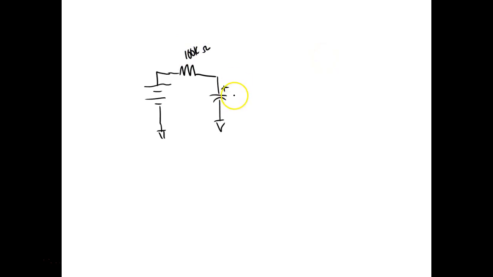So I start off, this thing's completely discharged, so it's got 0 volts across it. Understand that? So if this right here is plus 5 volts, Kirchhoff's voltage law says the sum of the voltage drops in a circuit is equal to the applied voltage. If this guy's completely discharged, it's dropping no voltage. So that means if I measure across my resistor, I should measure the full 5 volts.